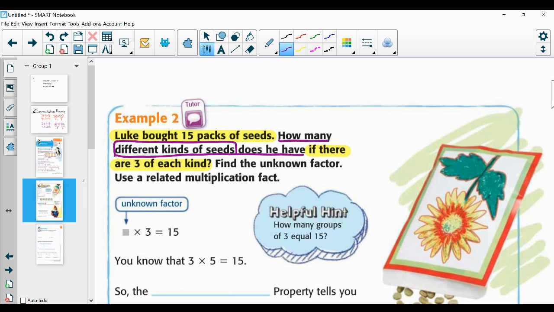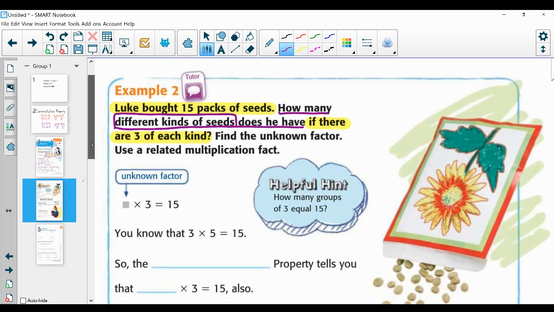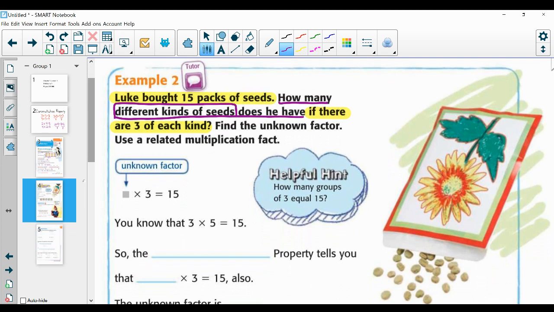So we need to find the unknown factor. We're going to use a related multiplication fact. Okay, so we know that he has 15. Remember our number sentence that we use. This is our total. This number is our groups. That's what's missing.